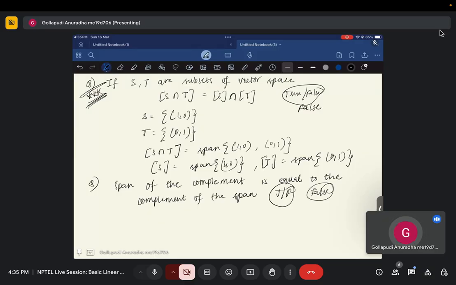Suppose V is a vector space in some Rn, and A is a subspace in that.